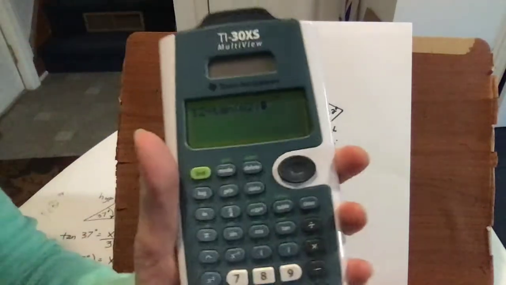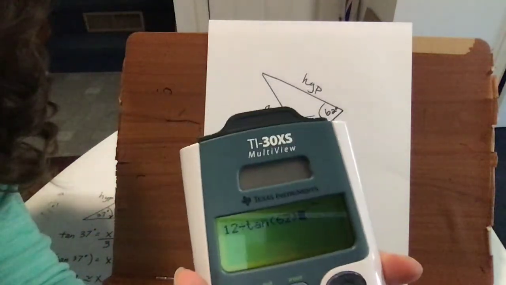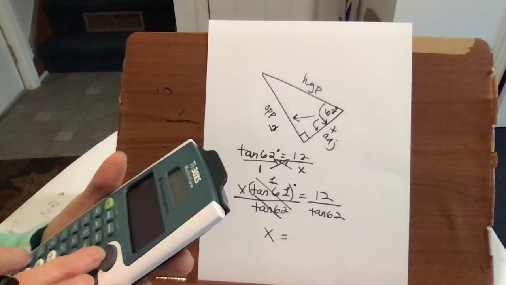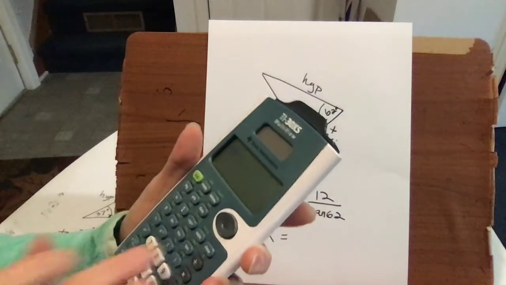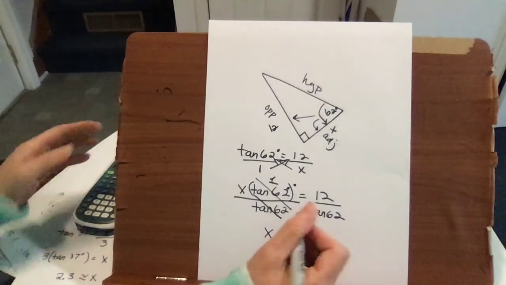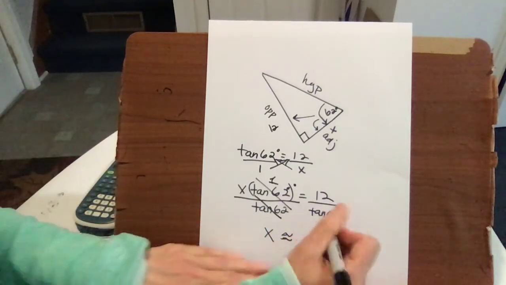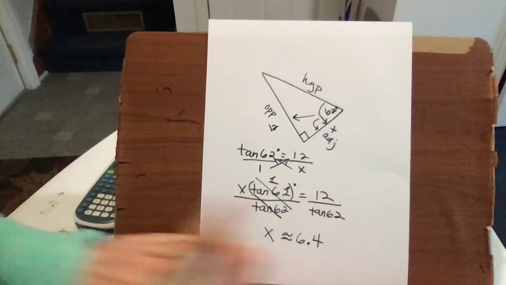You could do it the old-fashioned division way, or you could get your fraction button and put 12 on top and tangent of 62 on the denominator, then hit enter. Because it's a side we're looking for, x is approximately 6.38, so 6.4 rounded to the nearest tenth.